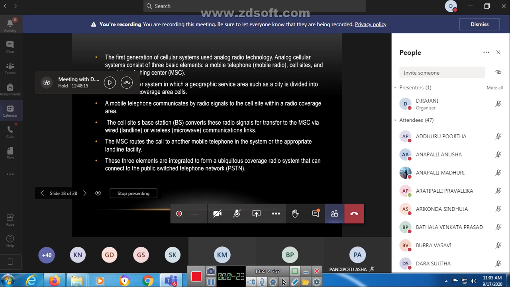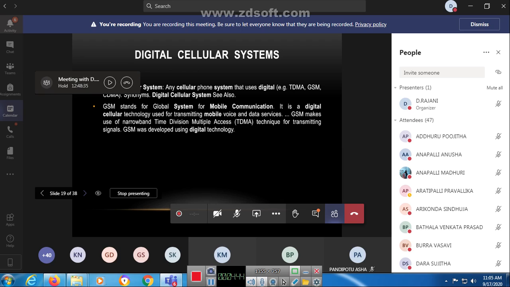These three are the important nearer stations for any cell site or landline also. Next, these three elements are integrated in the public switched telephone network. So the first generation is the analog cellular system, that is the mobile radio technology.